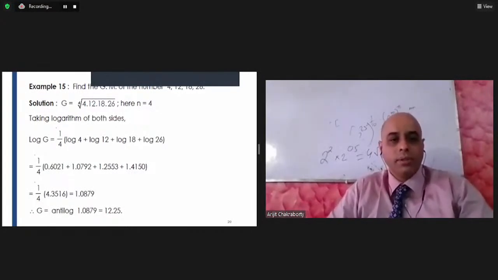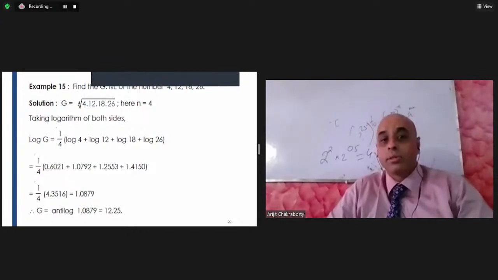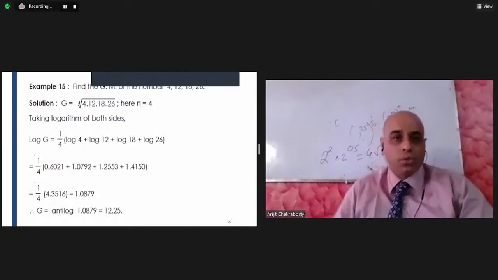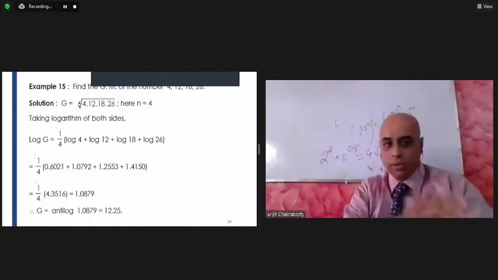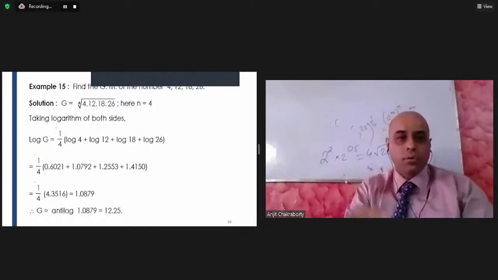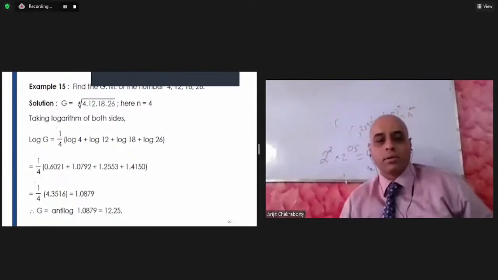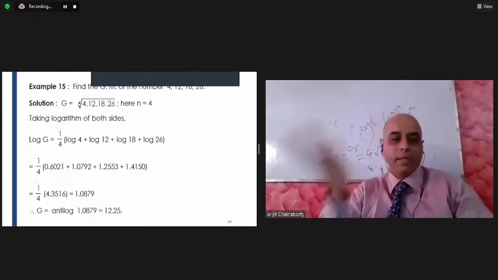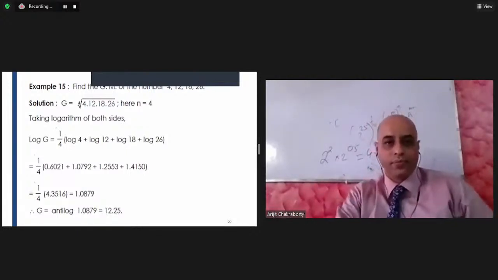The log of GM is equal to 1 by 4, because here it is the 4th root. There are 4 numbers, it's the 4th root, to the power 1 by 4, which means 1 by 4 times log 4 plus log 12 plus log 18 plus log 26, and then you can calculate it using the log table, and then anti-log you can get 12.25.